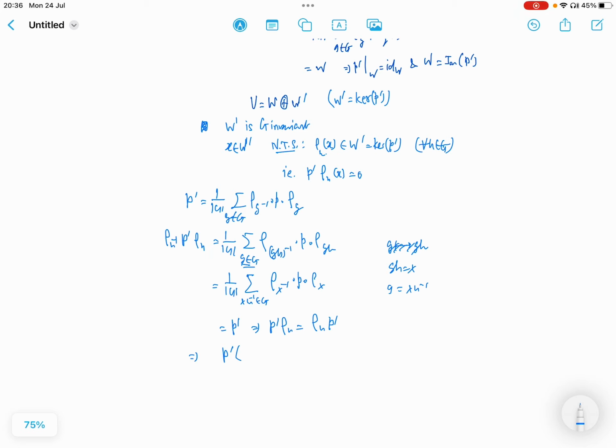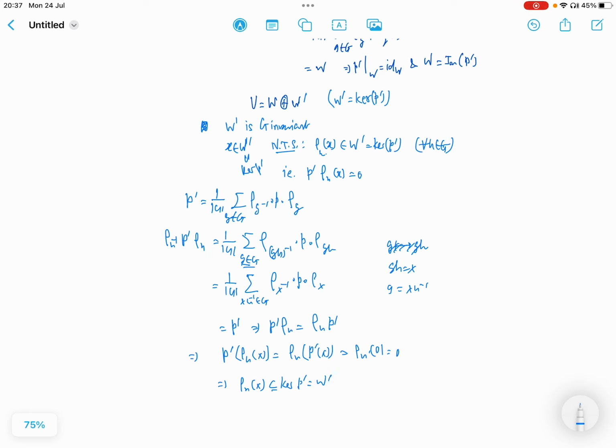So you get P prime of rho H of x is rho H P prime of x. But remember x is in the kernel of P prime because it is in W prime. So that is 0 and this is 0. So you get rho H of x is inside the kernel.